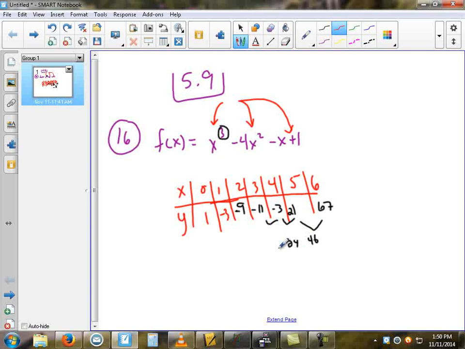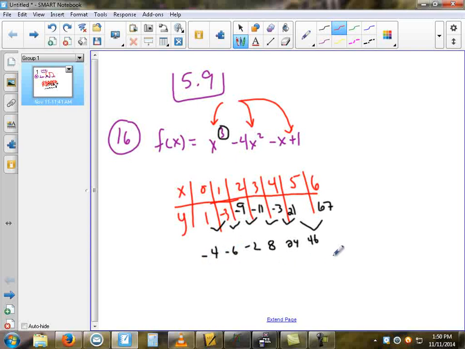Negative 3 minus negative 11 is 8. Negative 11 minus negative 9 is negative 2. Negative 9 minus negative 3 is negative 6. And negative 3 minus 1 is negative 4.